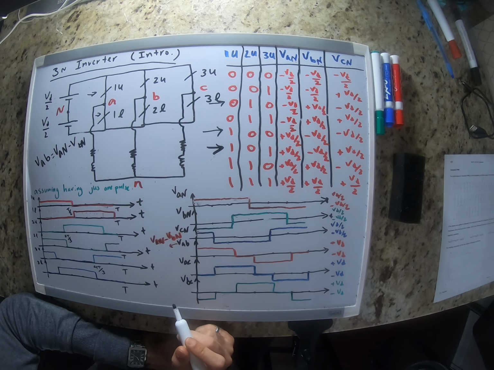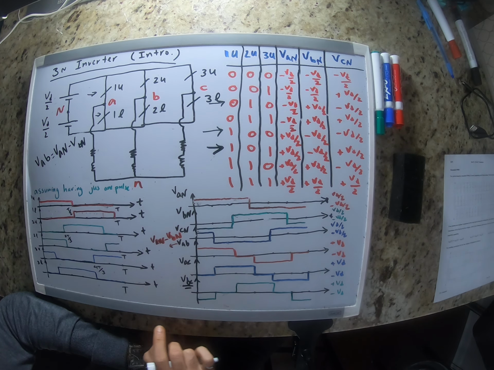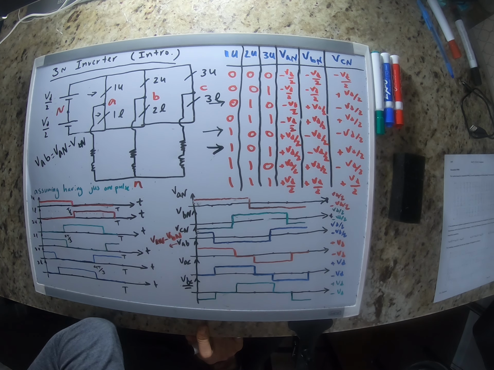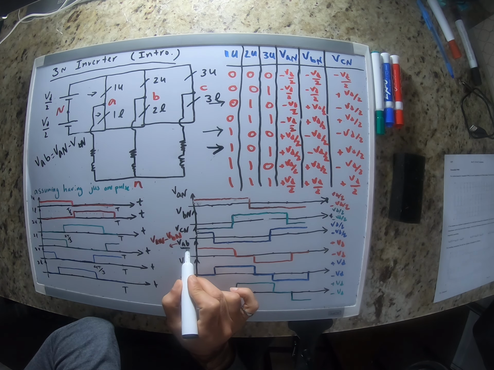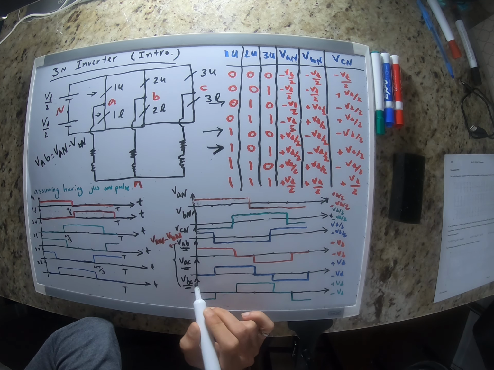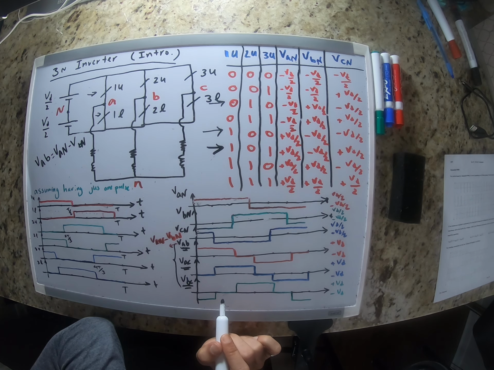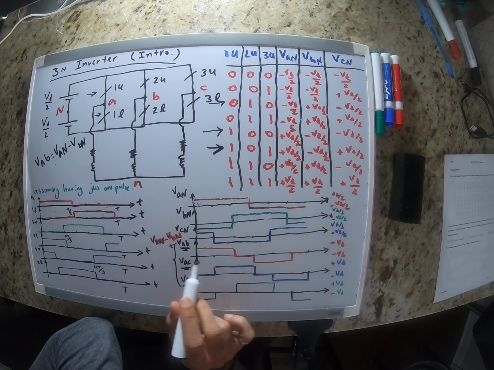The same scenario for the line to line voltage for BC. Again, if you look at this, we have a periodic pulse width modulated, square wave signal. These three modulated signals have a phase shift of 120 degrees, and 60 degrees phase shift, and it just continues, right?